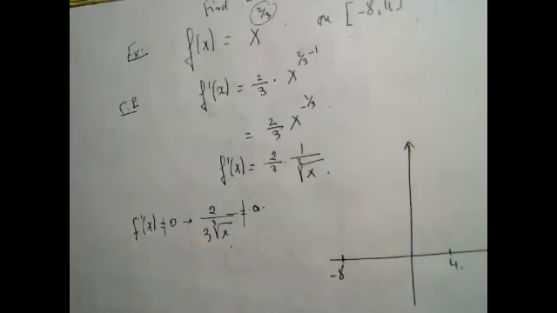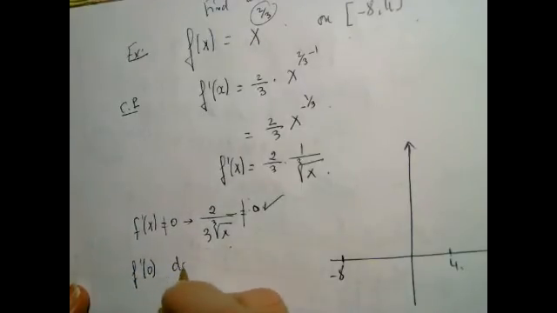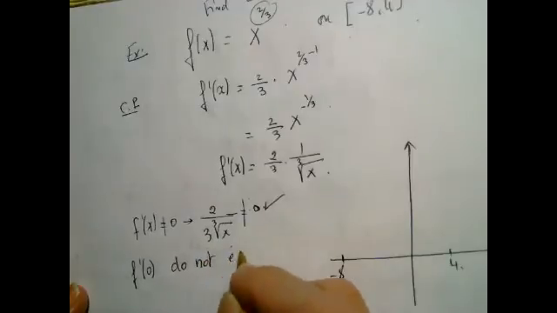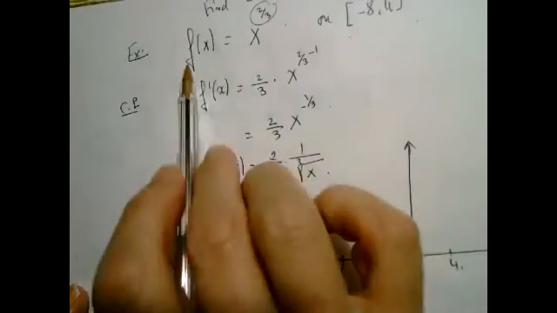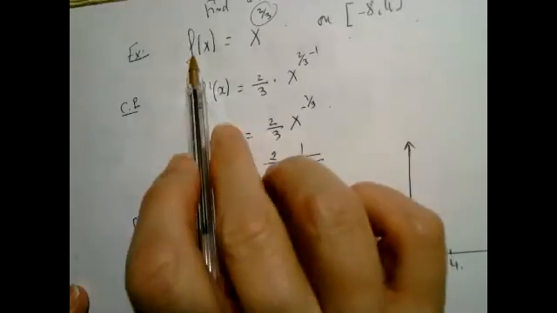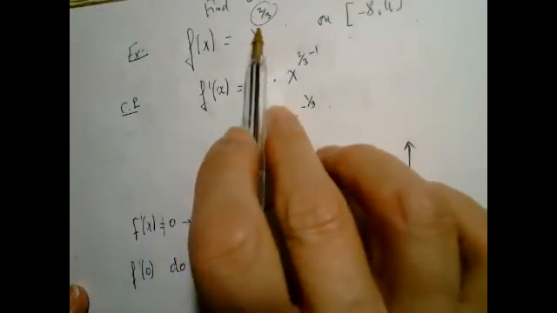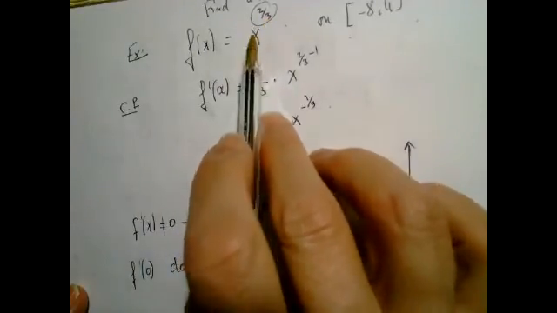All right, so that's why I put this problem out, just to point this out. Here, f prime is always different from 0. However, f prime at 0 does not exist, because we cannot divide by 0. The function makes sense at 0. At 0, x to a positive power makes sense.